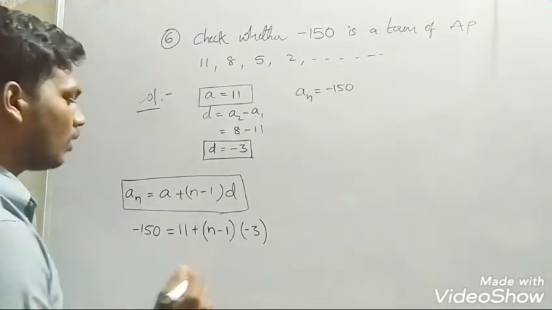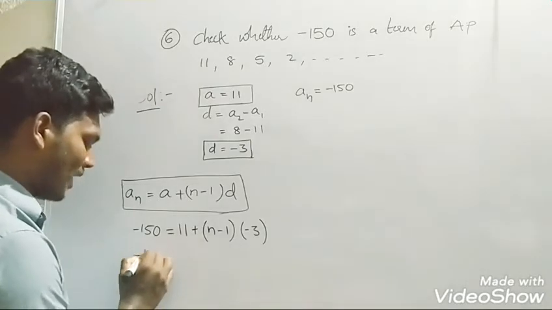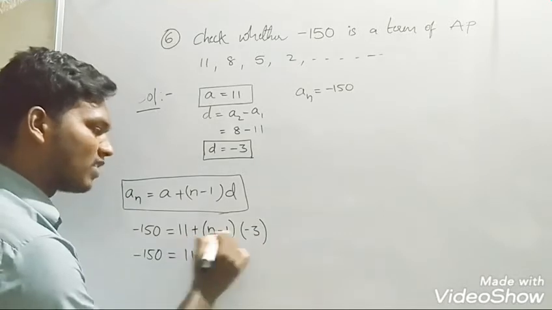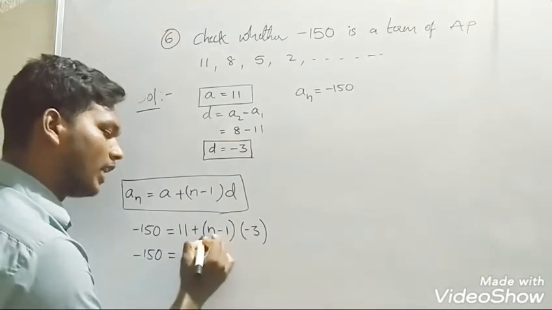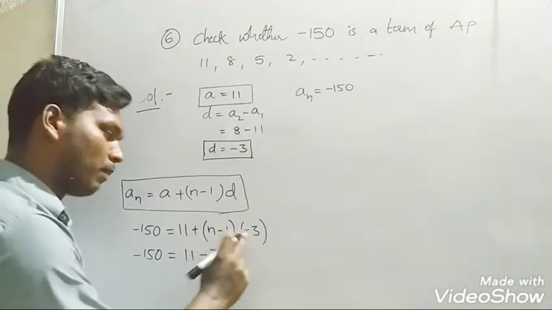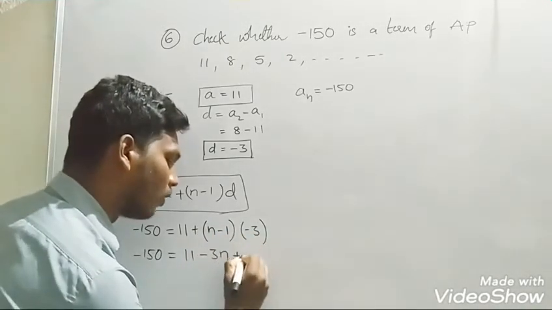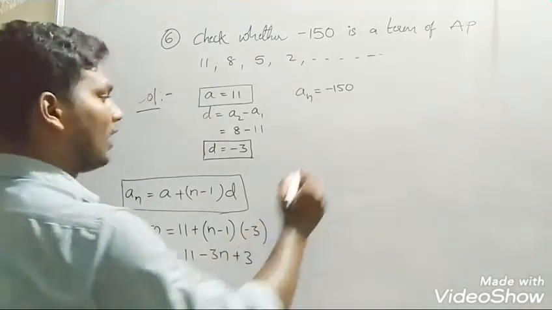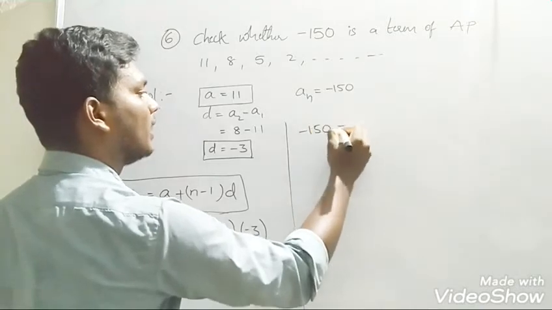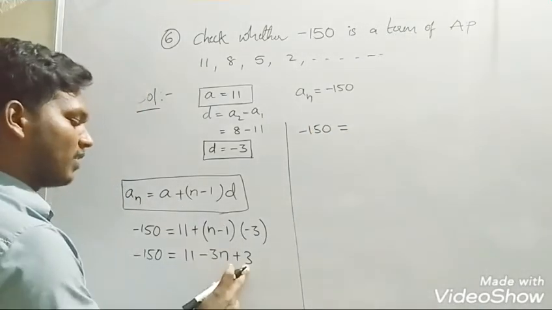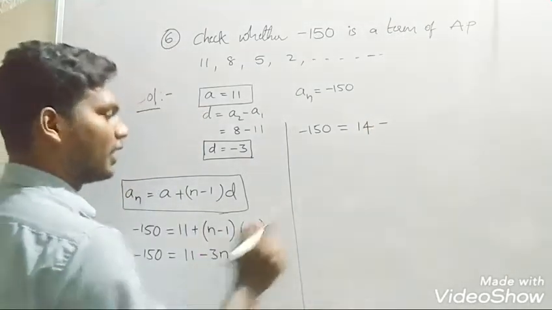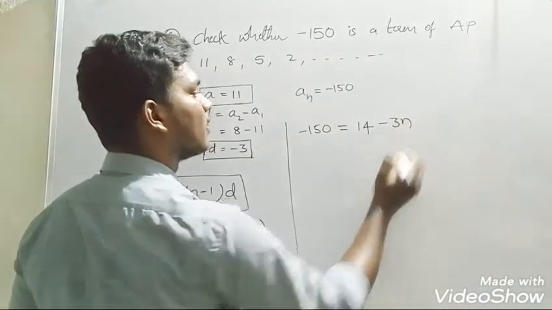So minus 150 is equal to 11 plus, minus 3 into n will be minus 3n, and minus into minus is plus, 3 ones are 3. So finally we got minus 150 is equal to 11 plus 3, which is 14, minus 3n.